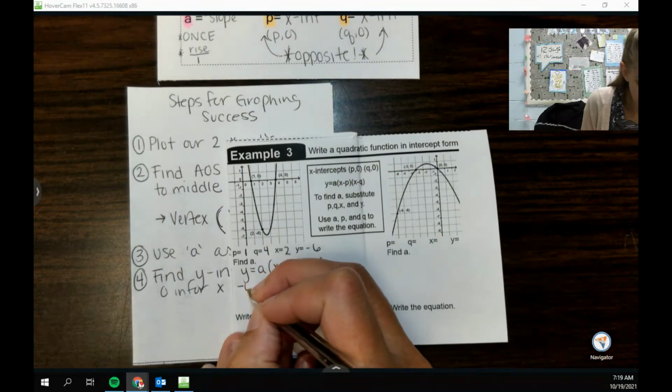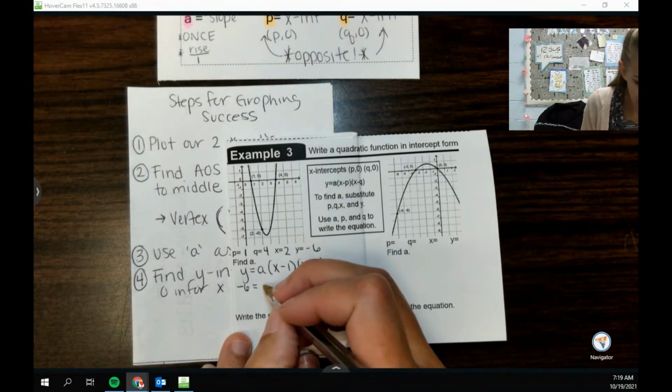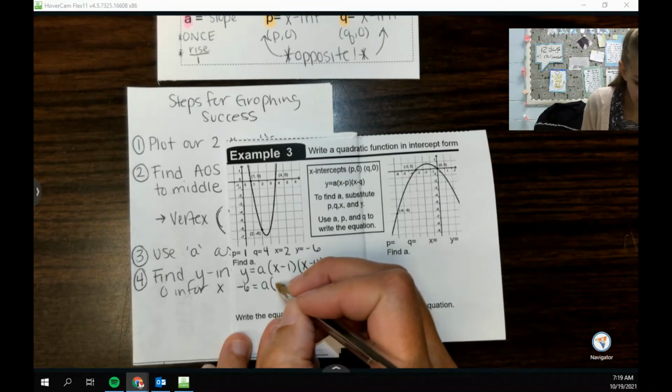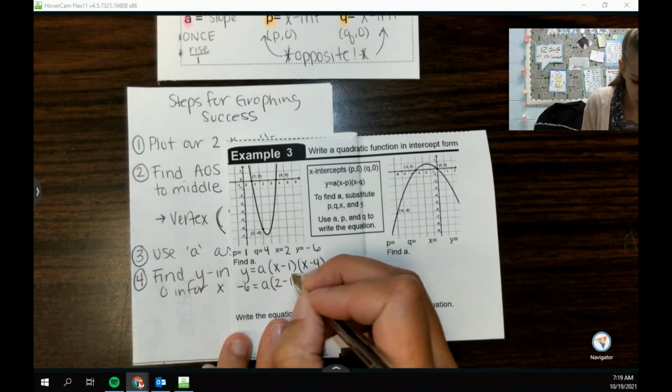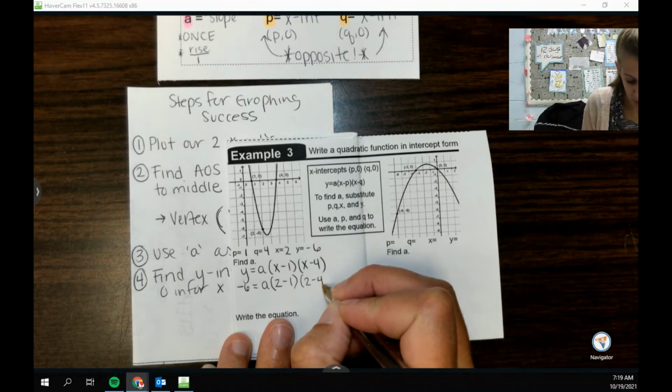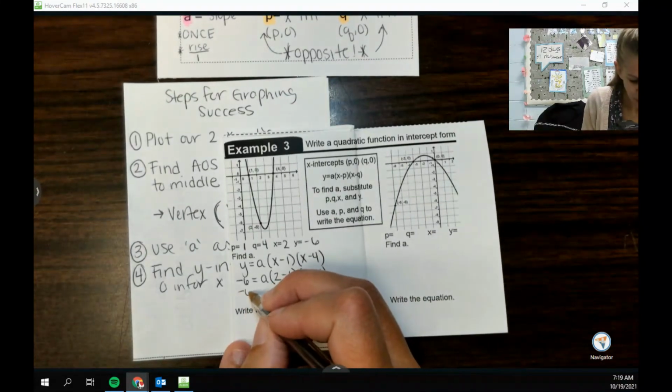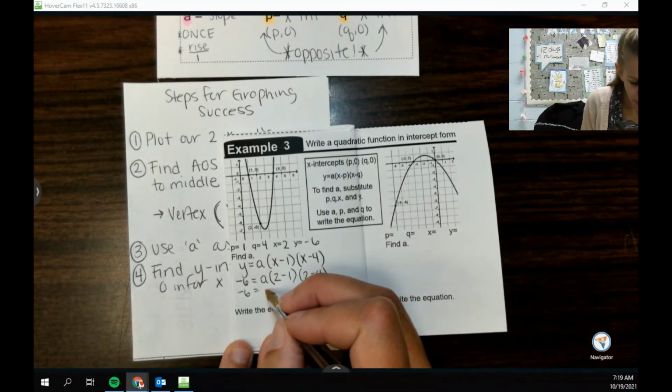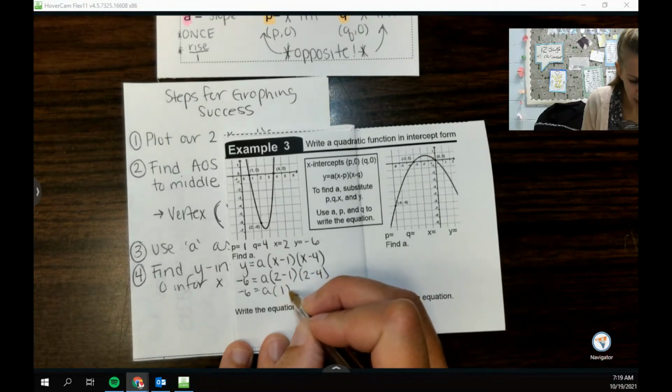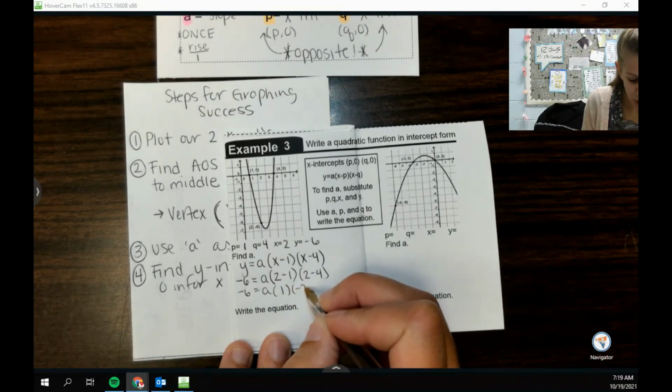So we're going to plug in negative 6 for y. Don't know a, I'm trying to figure it out. And then x is 2, minus 1, and 2 minus 4. So over here, if I simplify what's in parentheses, 2 minus 1 is 1, 2 minus 4 is negative 2.